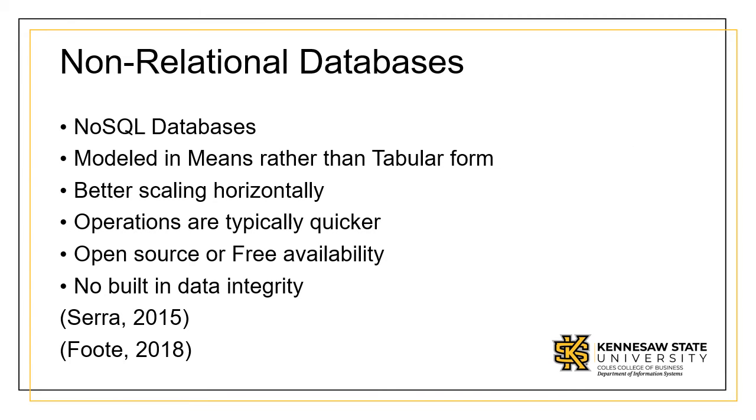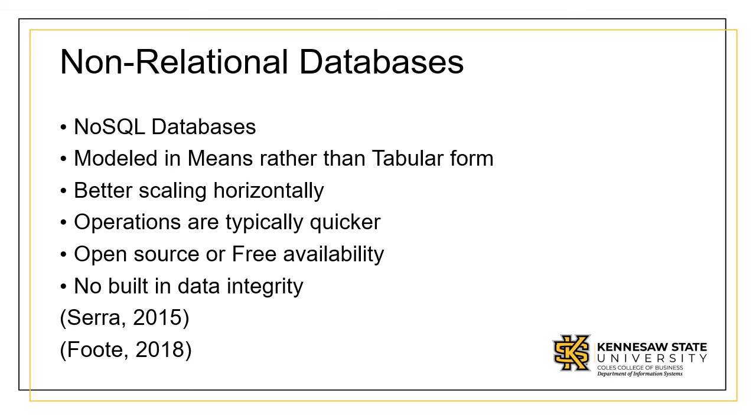Now we will move on to non-relational databases. Non-relational databases are also known as NoSQL databases, and they provide data storage in means other than tabular form. Non-relational databases are better at scaling horizontally than relational ones, which makes it easier to add users to the database. This is great for companies that are still growing because then you can still add users as you grow.